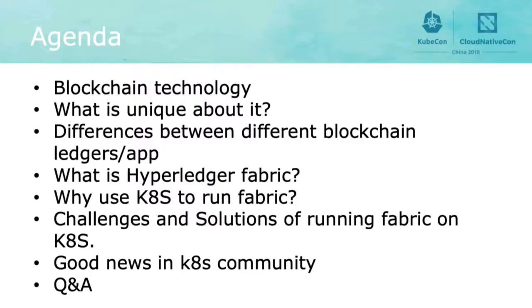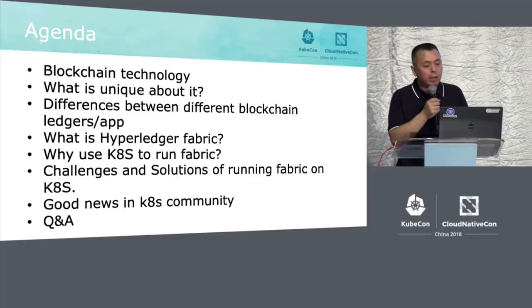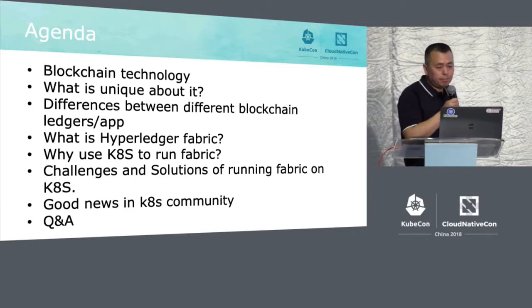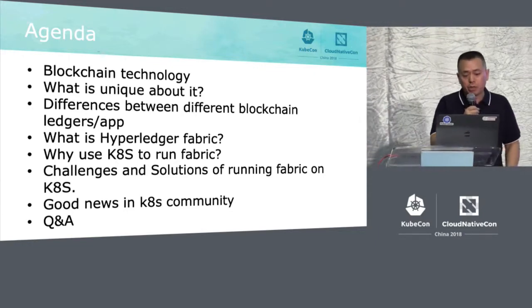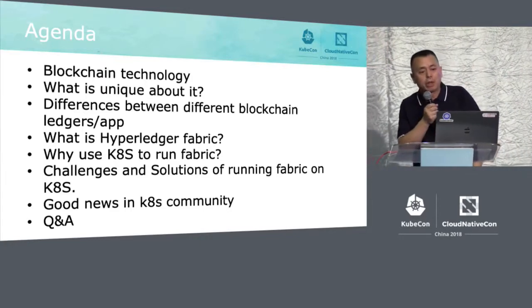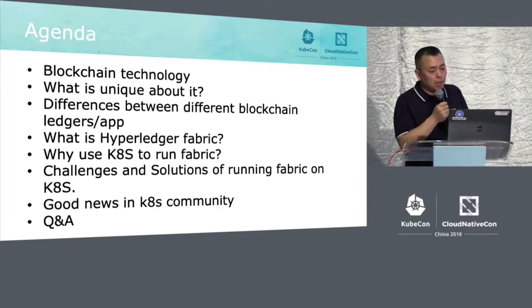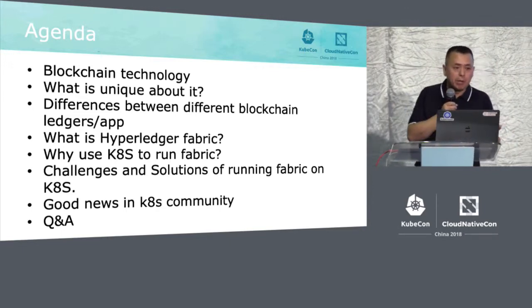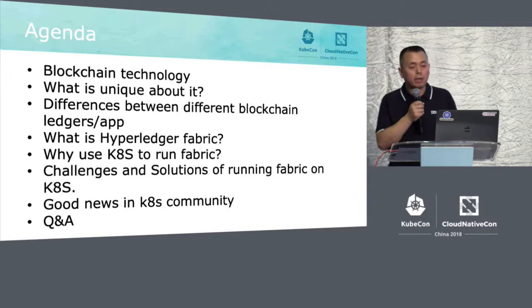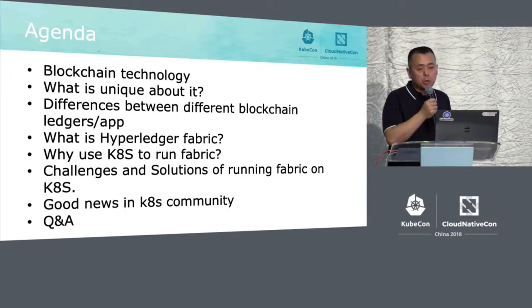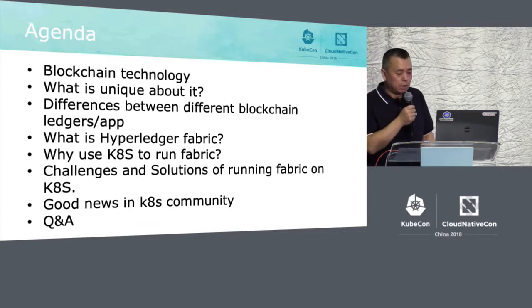So I think we have to talk a little bit about the agenda, so you know what content we have for this talk. First, I'm going to briefly talk about blockchain technology, what is unique about it, and the differences between different blockchains, ledgers, or applications. Then I'm going to talk about Hyperledger Fabric, because this is the product that was open sourced a couple of years ago.